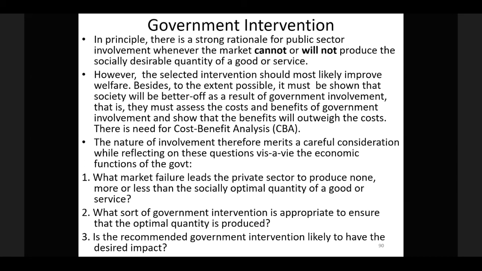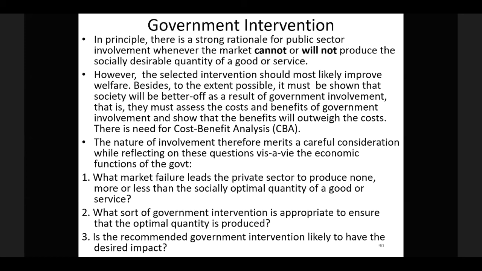And to improve welfare, government intervention must bring some kind of efficiency to the market, like the Chicago school of thought on government intervention that we studied. So intervention here should be able to produce some efficiency.